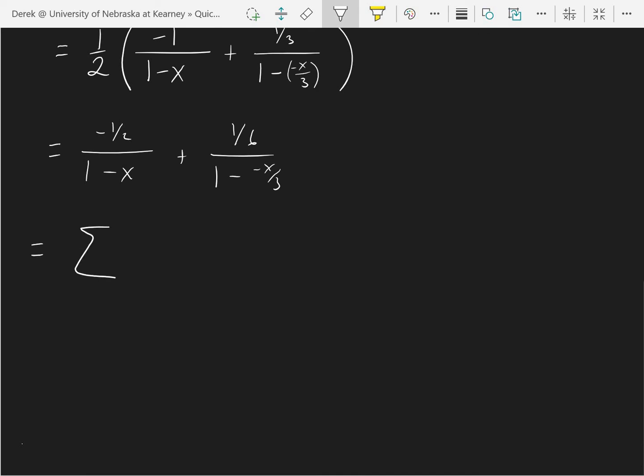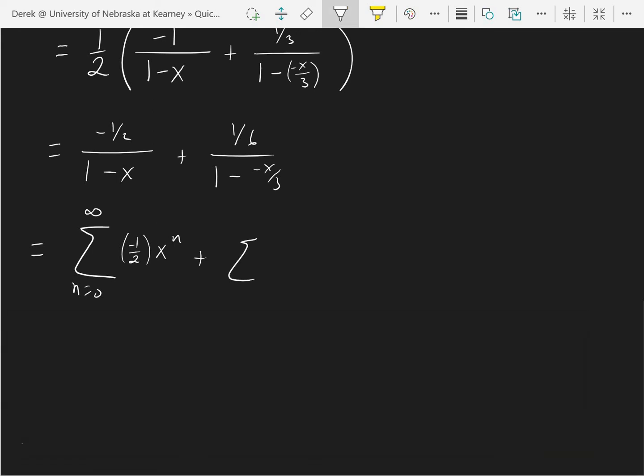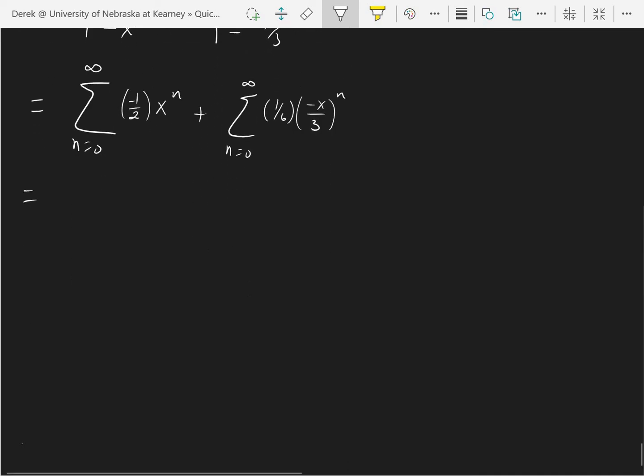This is the sum of negative 1/2 times x to the n from n equals 0 to infinity, plus the sum of 1/6 times negative x over 3 to the n from n equals 0 to infinity. I want to combine these, so I'm going to try and pull out everything except for the x to the n's in each of them.